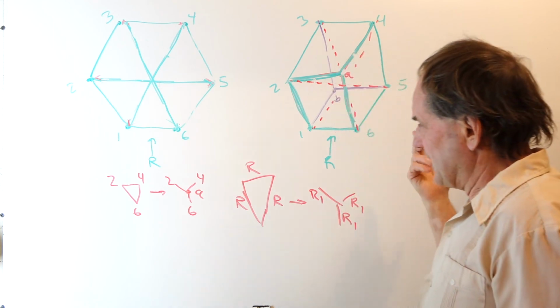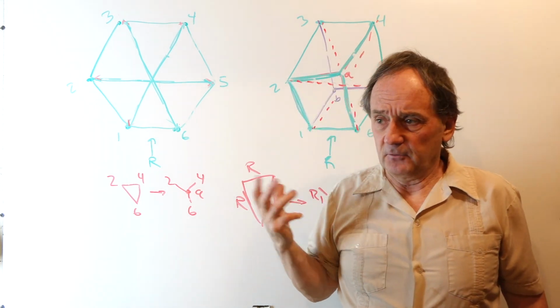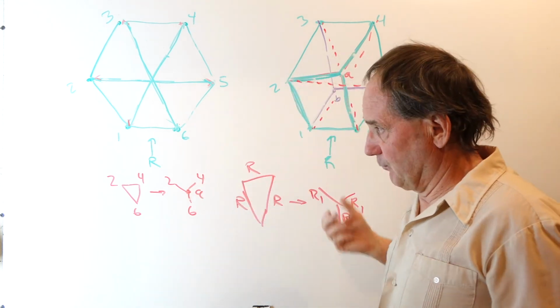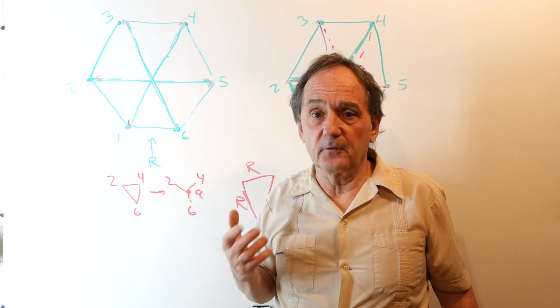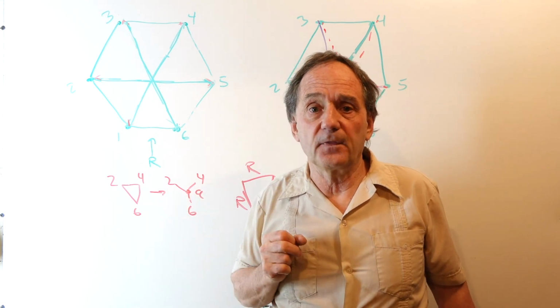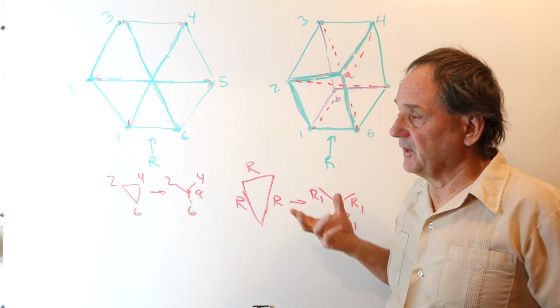Now, I've thought about this more. This is kind of a brute force technique. My gut feel tells me that there's probably some elegant way of doing this. I don't know. I need to look at it further. If someone has some insight out there, I'd appreciate you making a comment to the video and sharing it with us.